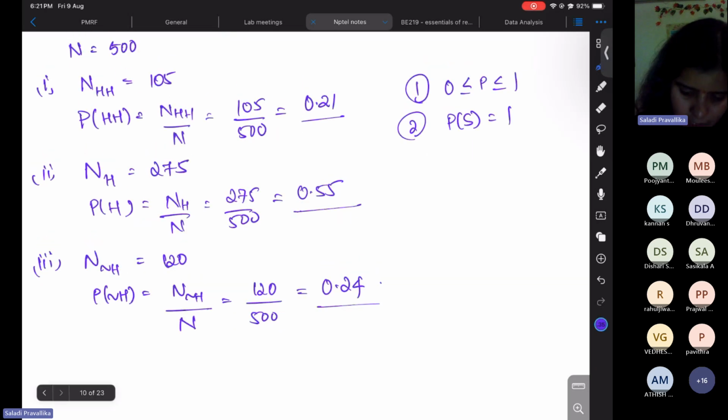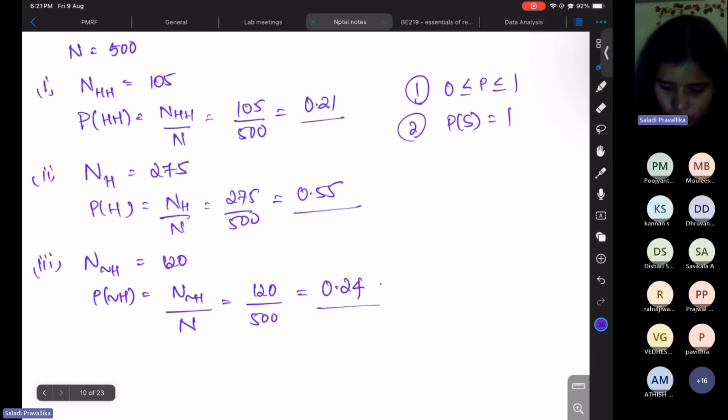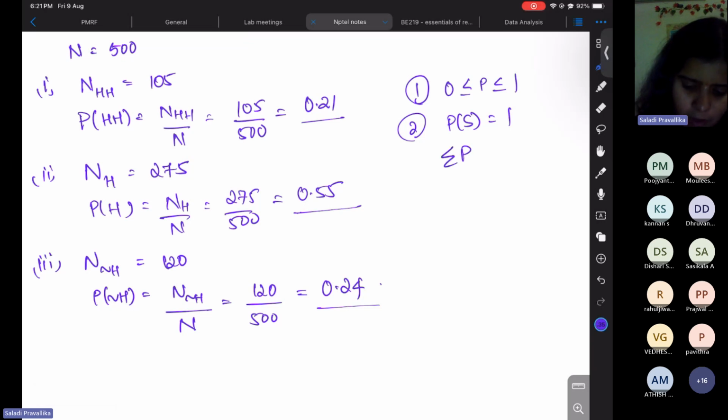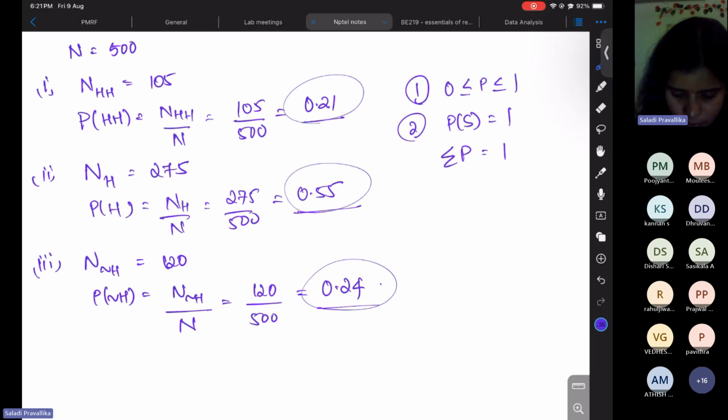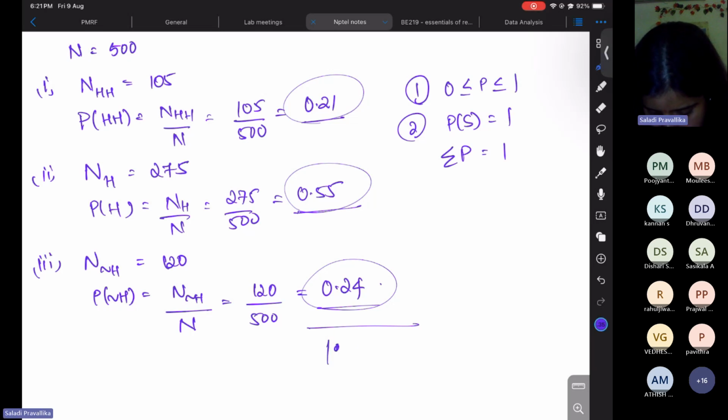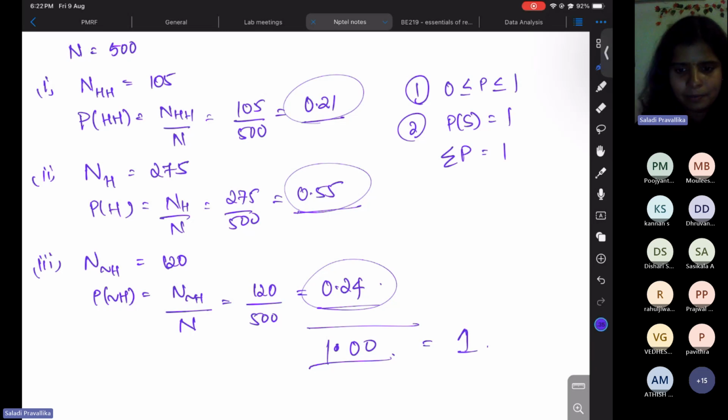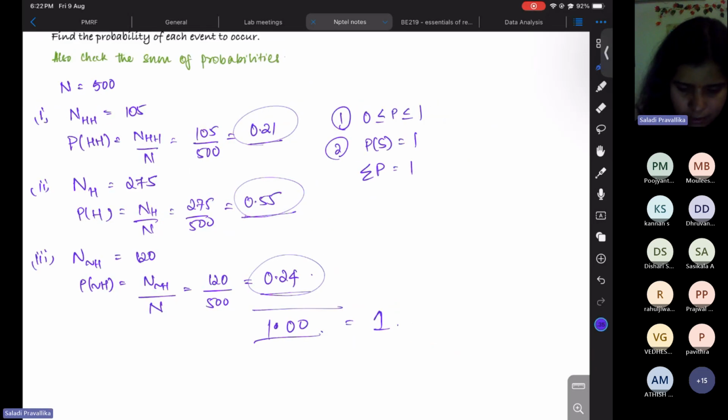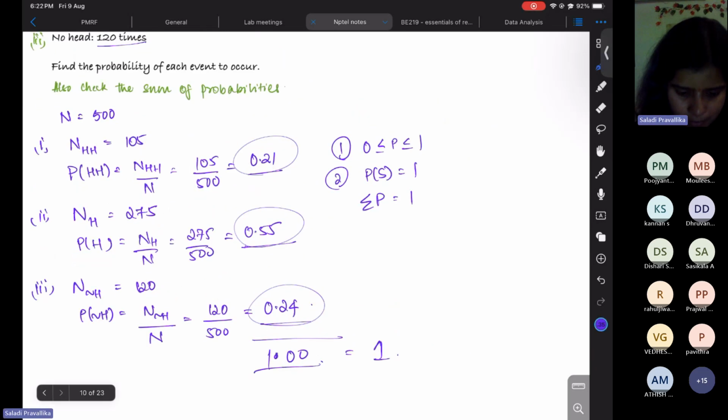Let us check condition 2. P of S is equal to 1, which means the sum of all probabilities should be equal to 1. So add all of these: 0.21 plus 0.55 and 0.24. All of this will give you 1.00, which is equal to 1, right? I hope everyone is clear with this part.